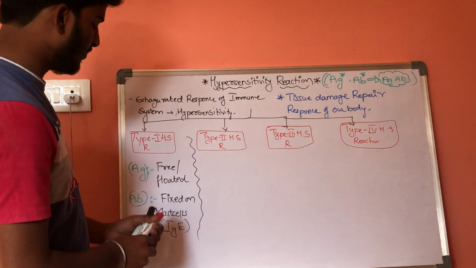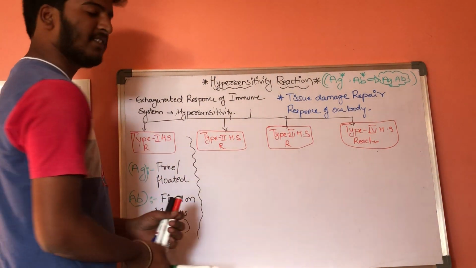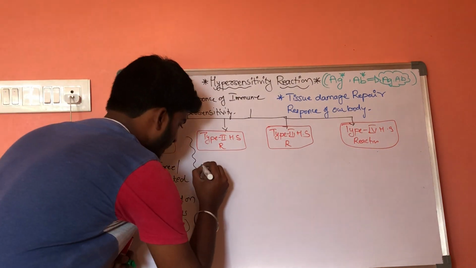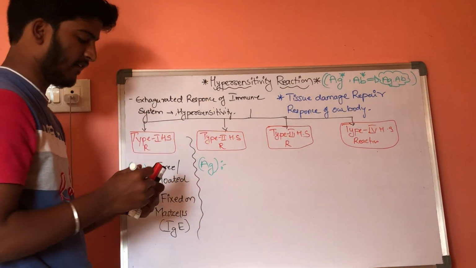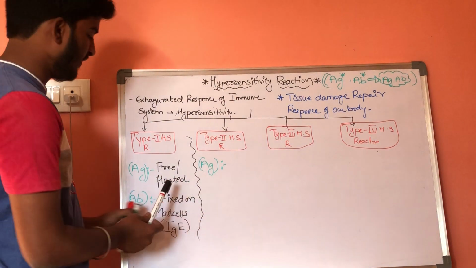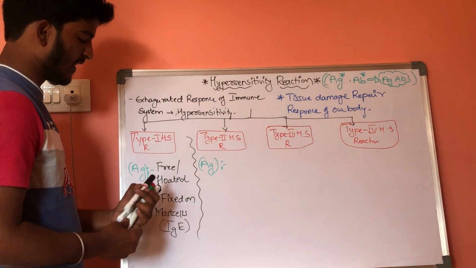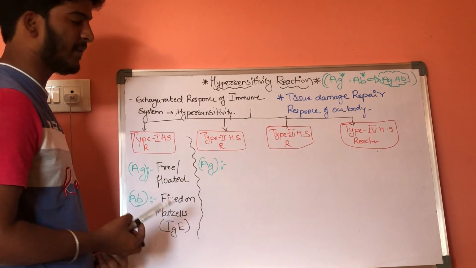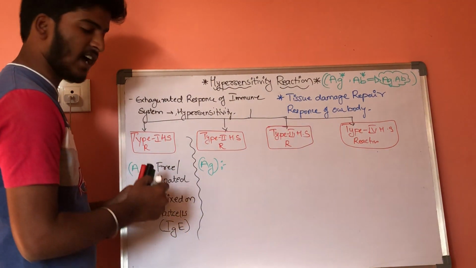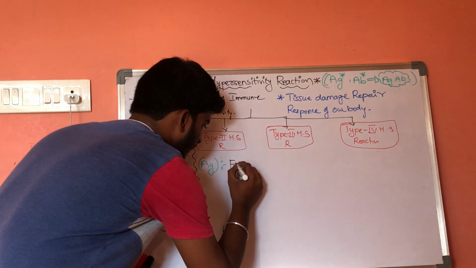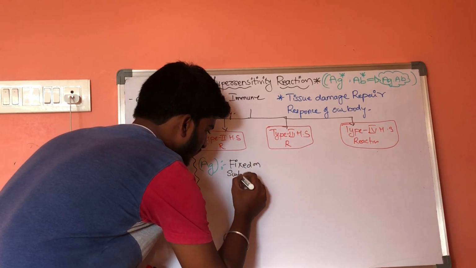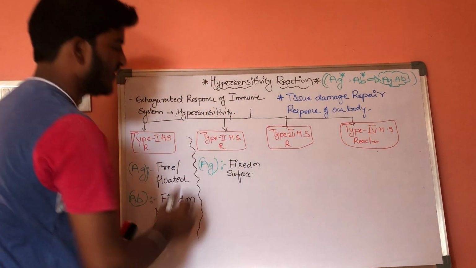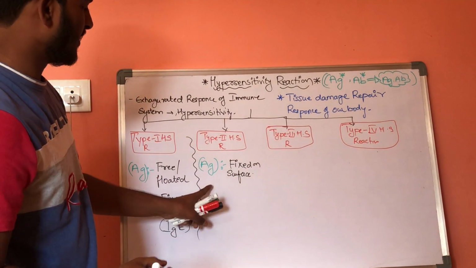Now, coming to type 2 hypersensitivity reactions, the antigens are fixed. Here, whereas in type 1 the antigens are free, in type 2 the antigens are fixed on the surface.